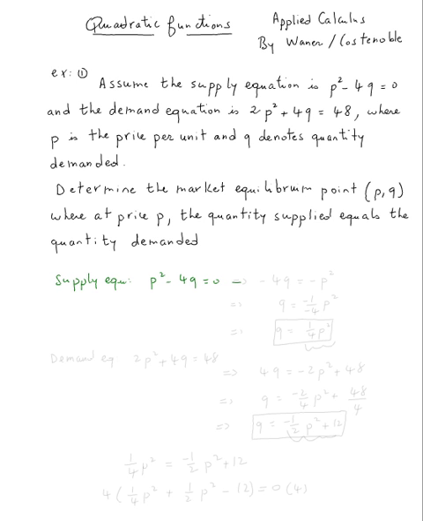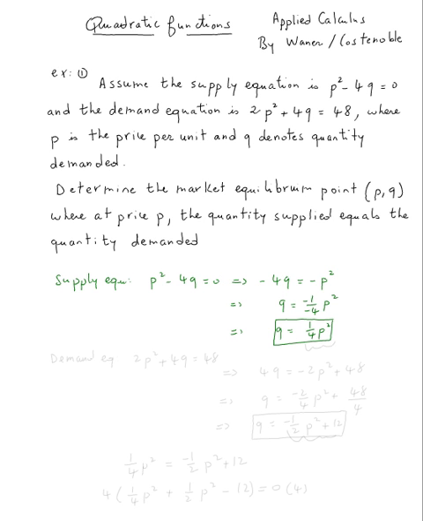So therefore, for the quantity supplied, we just need to solve for Q. Q is the quantity supplied. So minus 4Q is equal to, move P squared to the other side, you're going to get minus P squared. And then divide by 4, you get Q equals negative 1 over negative 4 P squared, which means the quantity supplied, Q, is 1 over 4 P squared.